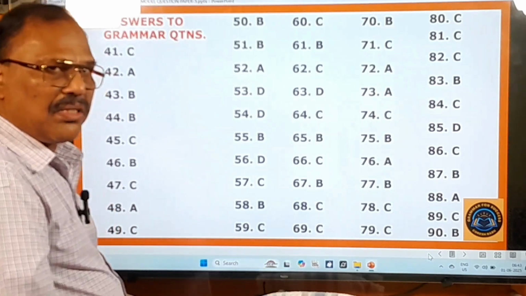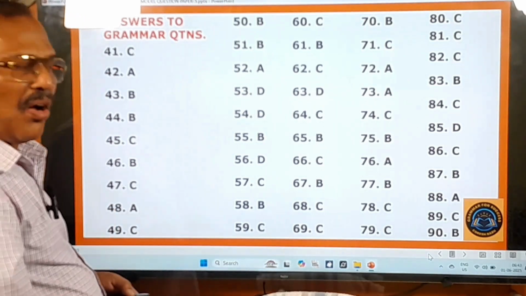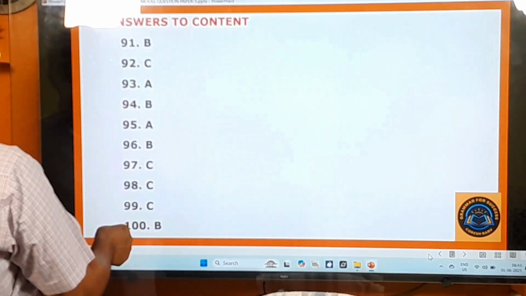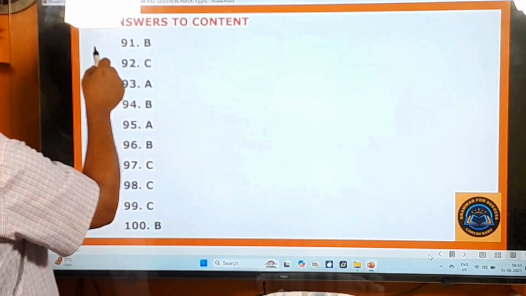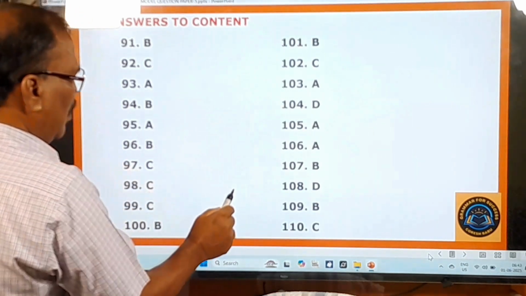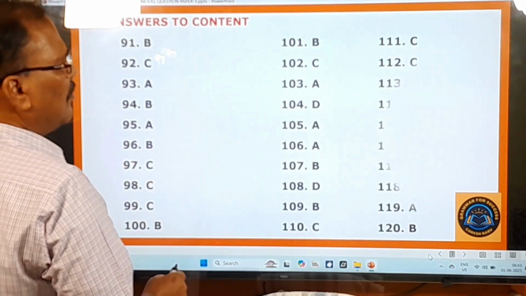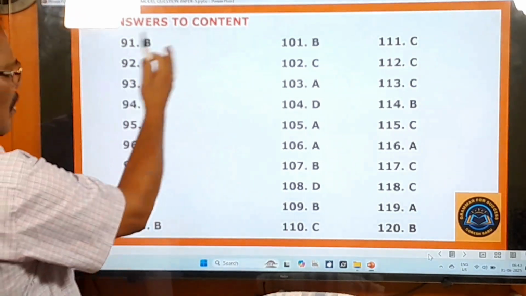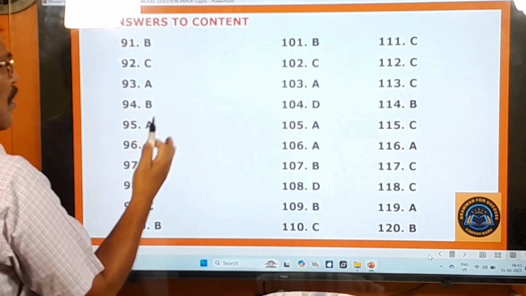Now you move on to the answers to the questions of content. Answers to content questions. These are the answers for the questions from 91 to 100, 101 to 110, 111 to 120. These are the answers to content questions.